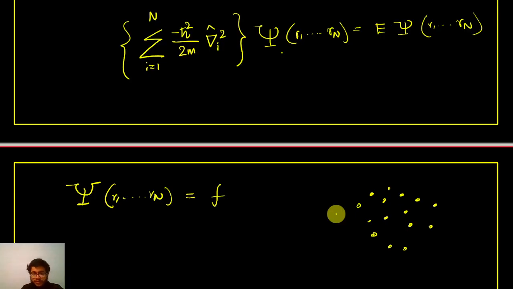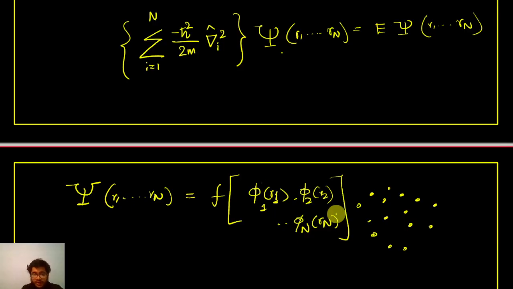So it can be a function of the individual electronic wave functions, phi 1 r1, phi 2 r2, up to phi n rn. This is called phi, sorry. I am defining these phi's as the individual electron wave functions, and I am trying to construct the whole electrons' wave function from these phi's.